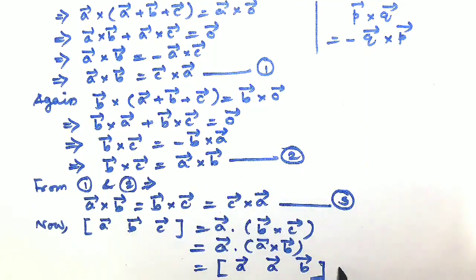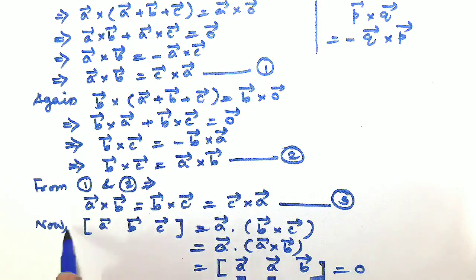Now one thing is very important, this is actually 0. Why? Since scalar triple product of 3 vectors is 0 if any 2 vectors are same. For this scalar triple product is equal to 0. So finally actually we have got this one, the scalar triple product of A, B, C is equal to 0. This is our proof. Okay.